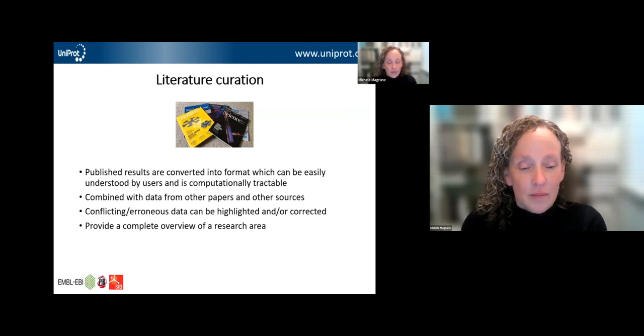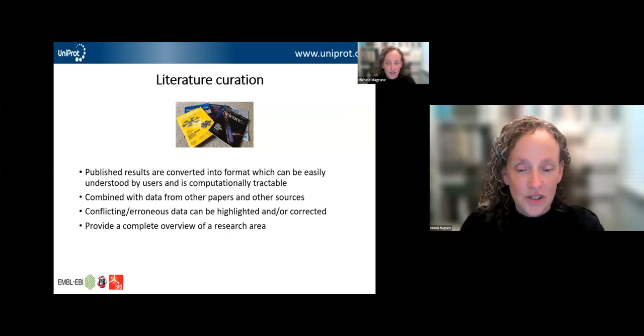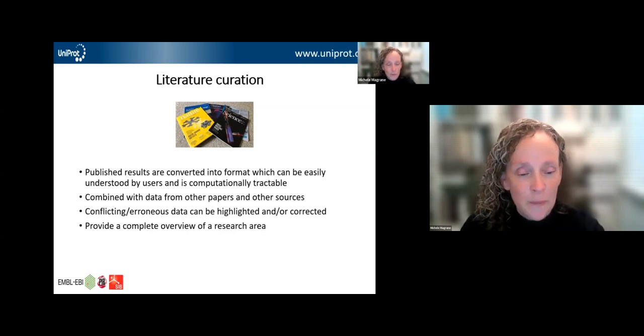And most of the data that is added by the curators is coming from the scientific literature. So during the literature curation process, the published results which are found in the scientific literature are extracted and converted into a format which can be easily understood by users, but is also computationally tractable through using controlled vocabularies and ontologies to represent the data.